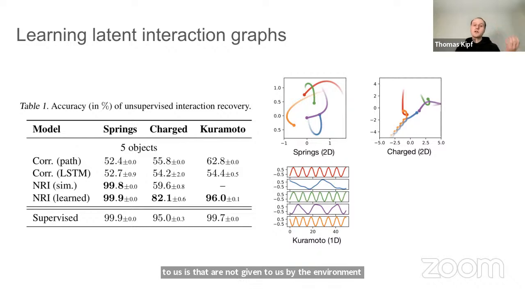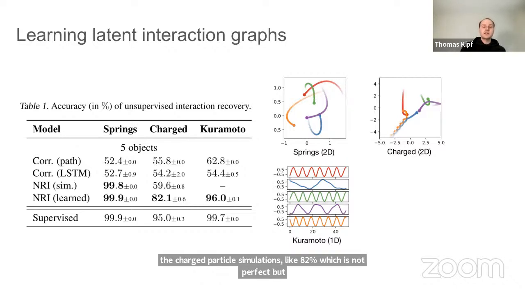So there's some hidden interaction graph there, and the model without supervision has to recover them. And especially for the spring and the Kuramoto simulation, you can do it almost perfectly without any supervision. For the charged particle simulation, it's like 82%, which is not perfect, but it's pretty good.